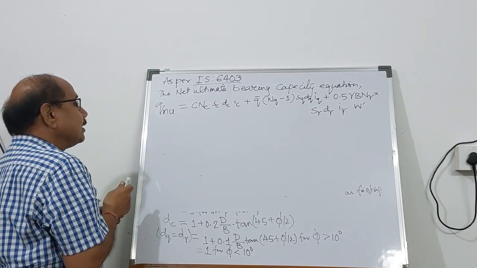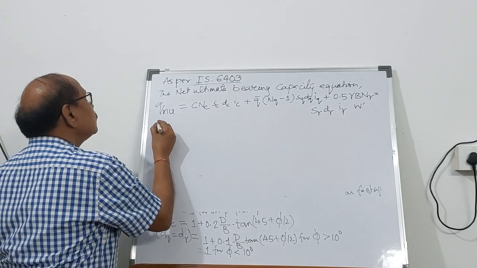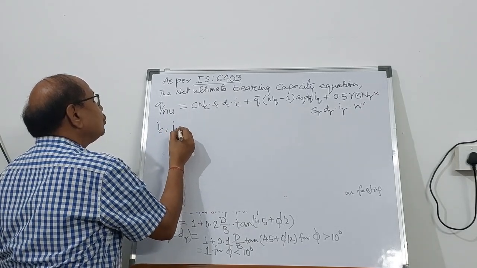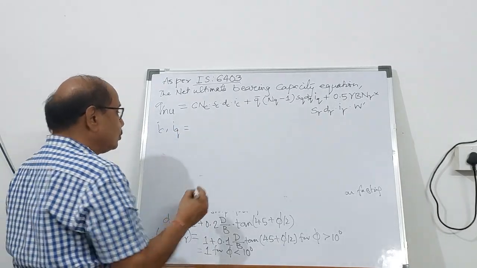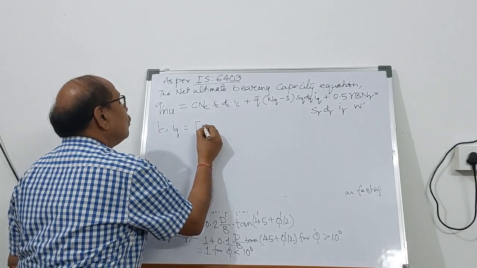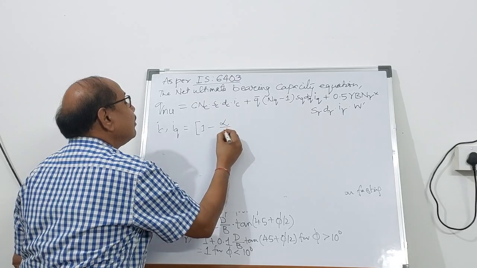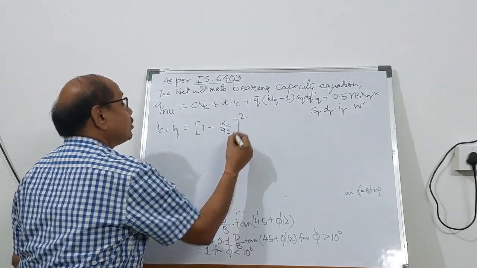Ic and Iq are given as 1 minus alpha divided by 90 degrees, whole square, where alpha is in degrees.